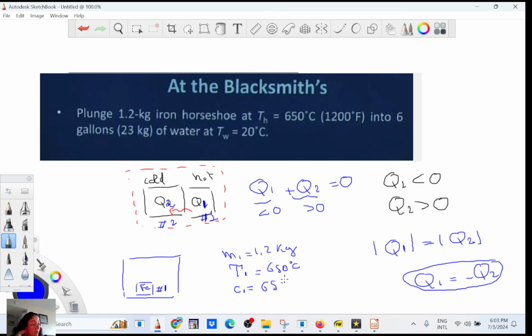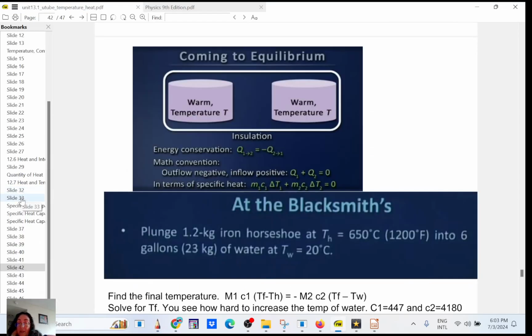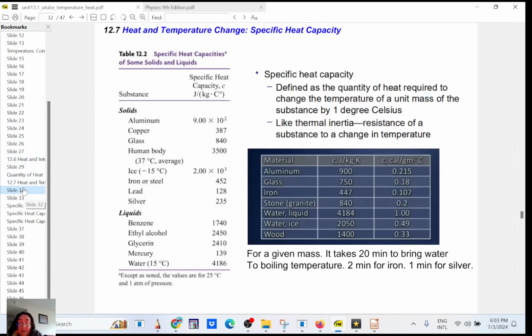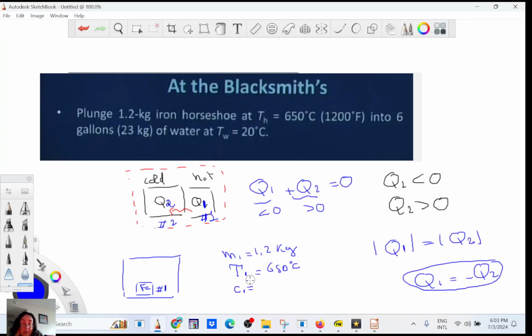Let's find out. How much is it for iron? Iron is 447. So it takes 447 joules to increase the temperature of 1 kilogram by 1 degree Celsius. So that will be for iron. Okay.